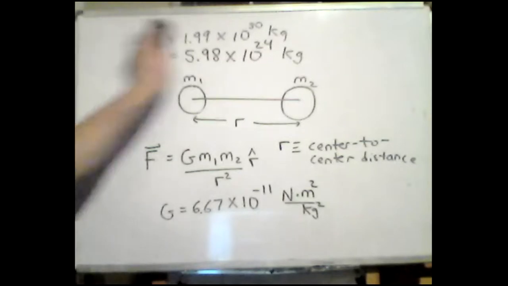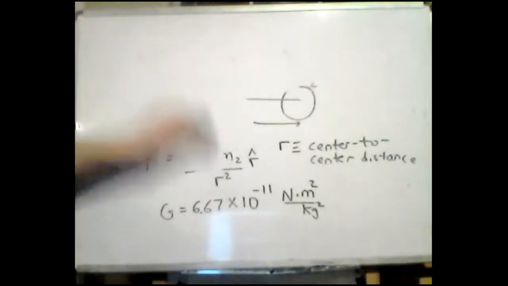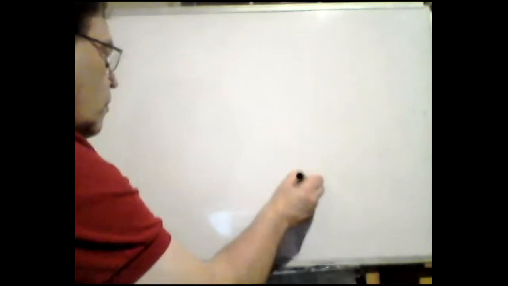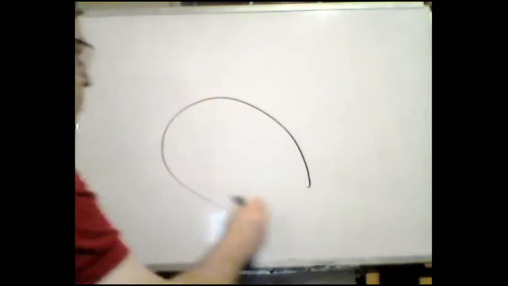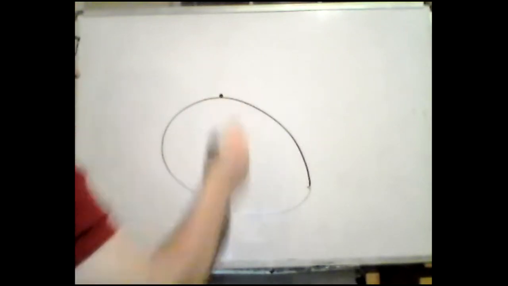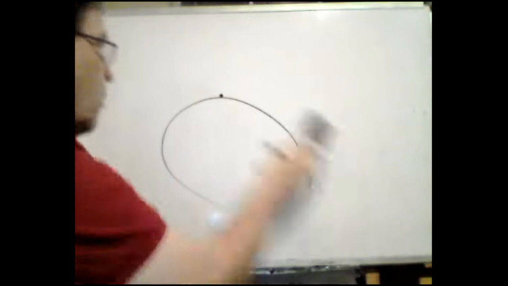How can Newton know this? Well, let's do another setup. Let's imagine here's the Earth. All right, big Earth, and you're a little mass on top of the Earth.